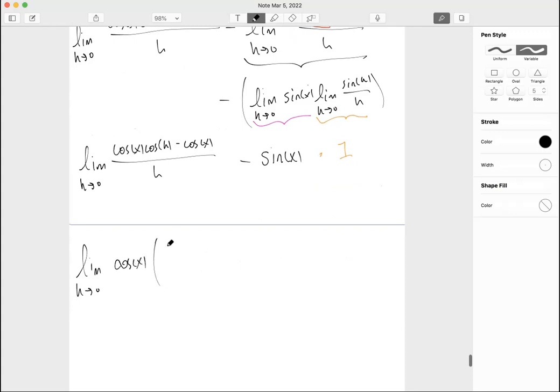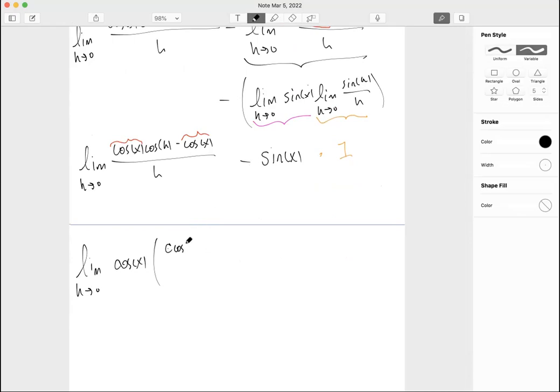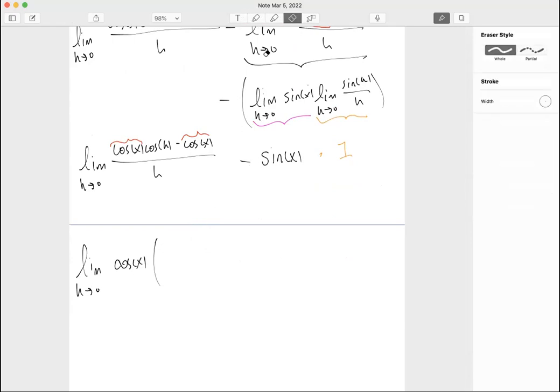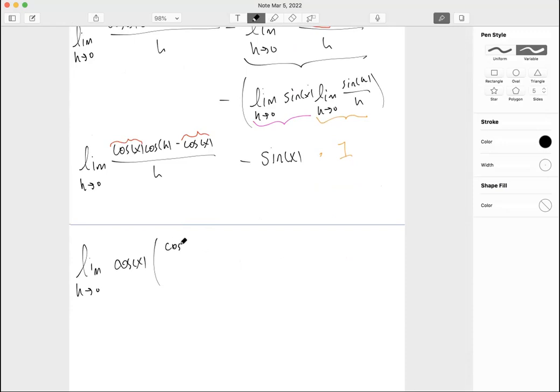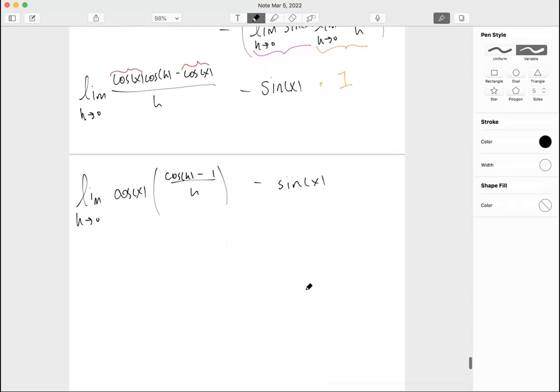If we factor out this common cosine here, we get cosine of h minus 1 over h. Is that okay? So I just factored out the cosine.